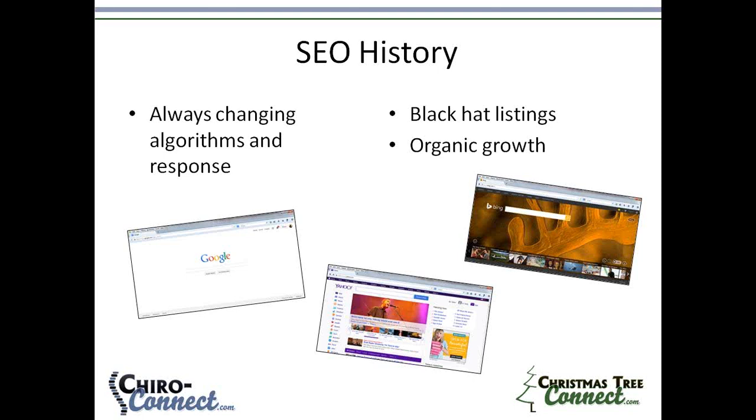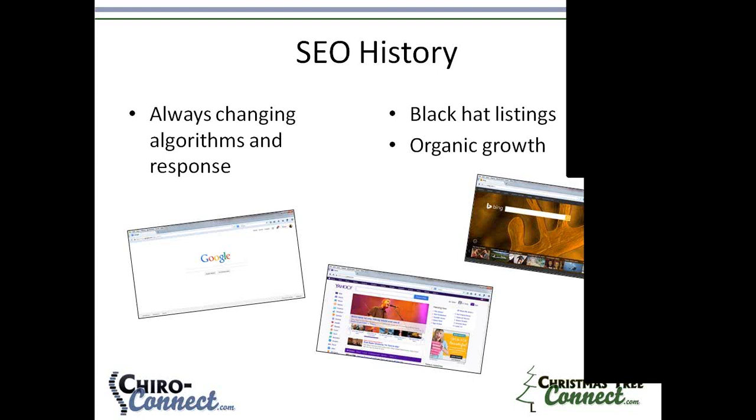So in 2010, jumping ahead a few years, that's when social media started influencing search. So if your company or you personally had social media, that would start affecting your search results, such as if there was a current event and there was a tweet about that on Twitter, that tweet would be able to show up in the search results.